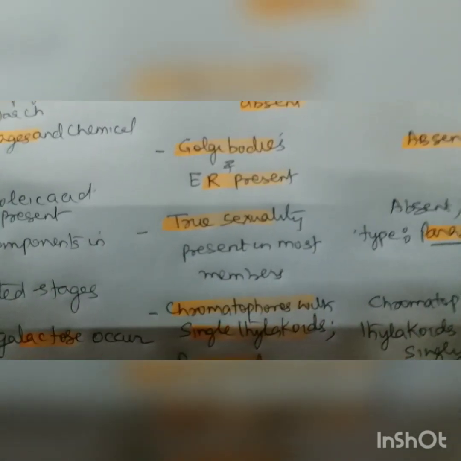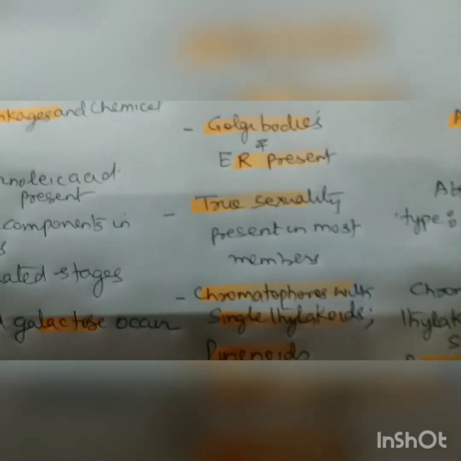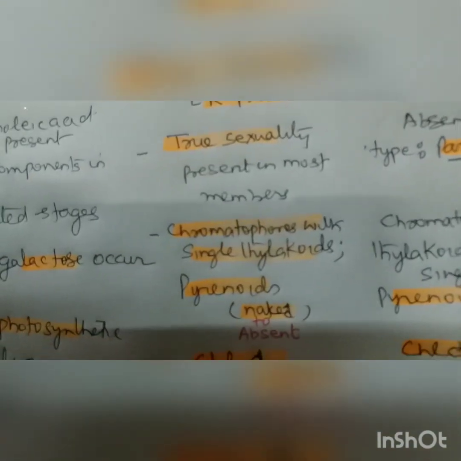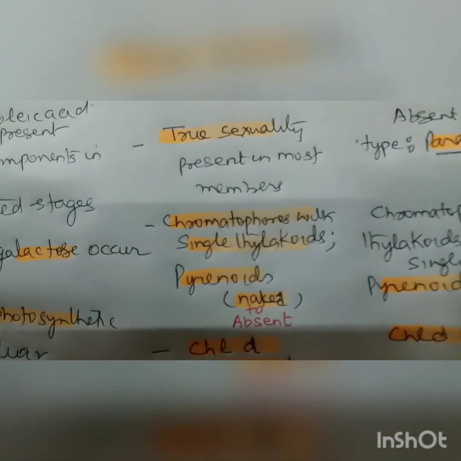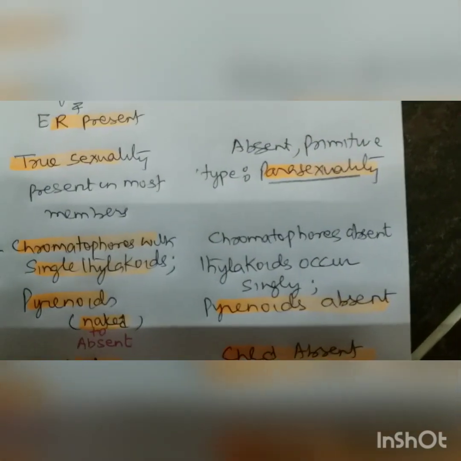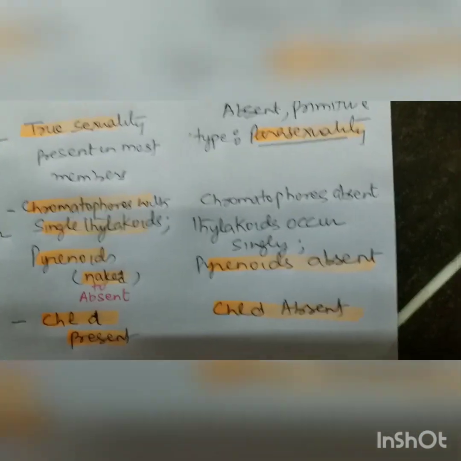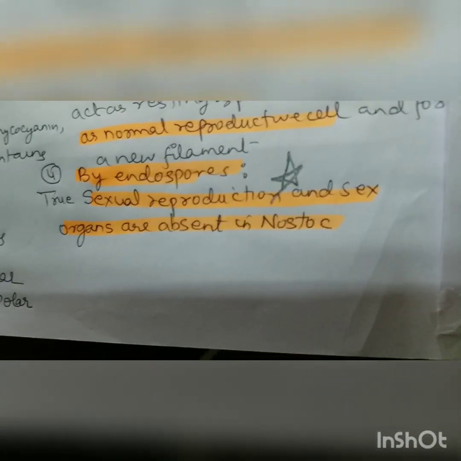Golgi bodies and endoplasmic reticulum are present in Rhodophyceae, whereas they are absent in Cyanophyceae. True sexuality is present in most members of Rhodophyceae, but sexual reproduction and sex organs are absent in Nostoc, so it is replaced by parasexuality.